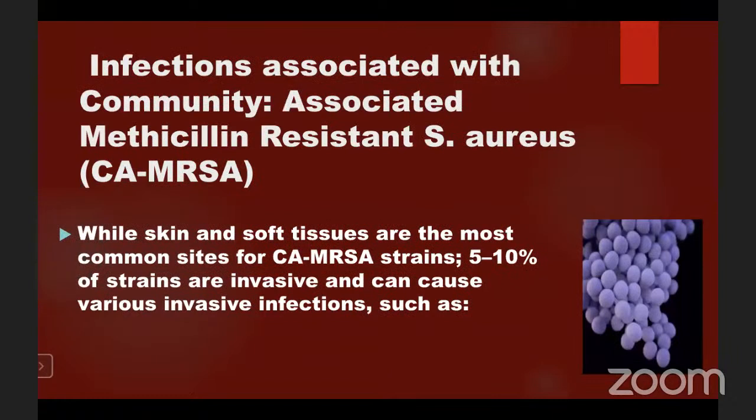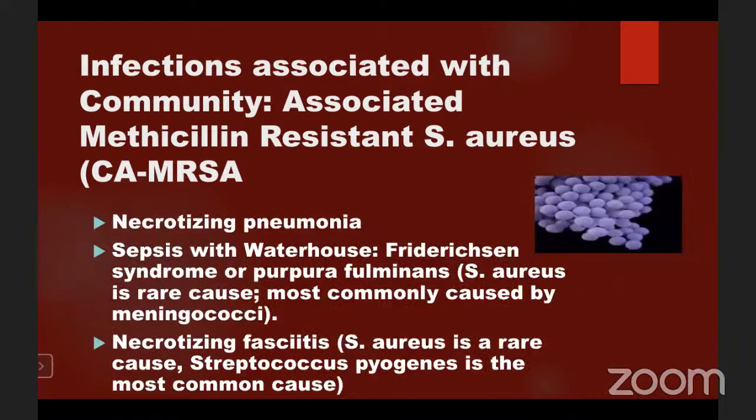Infection associated with community associated methicillin resistant Staphylococcus aureus. Skin and soft tissue are the most common site for community associated methicillin resistant Staphylococcus aureus. 5 to 10% of strains are invasive and will cause various invasive infections such as necrotizing pneumonia, sepsis with Waterhouse-Friderichsen syndrome, or purpura fulminans.